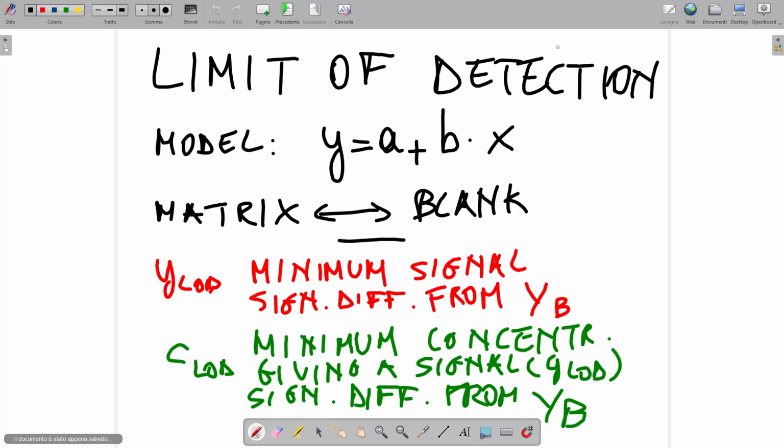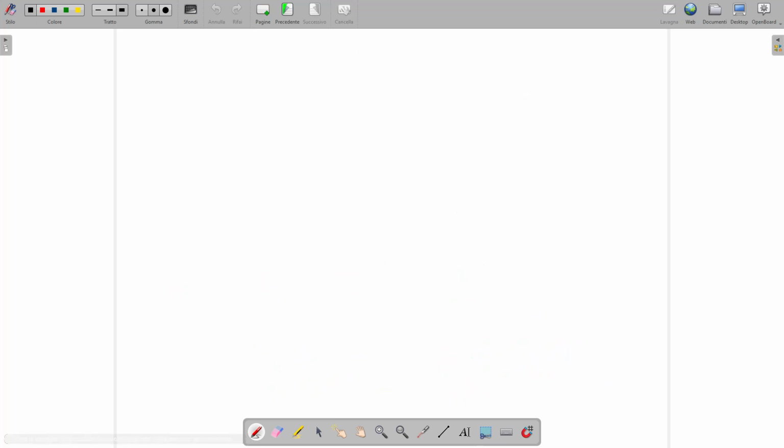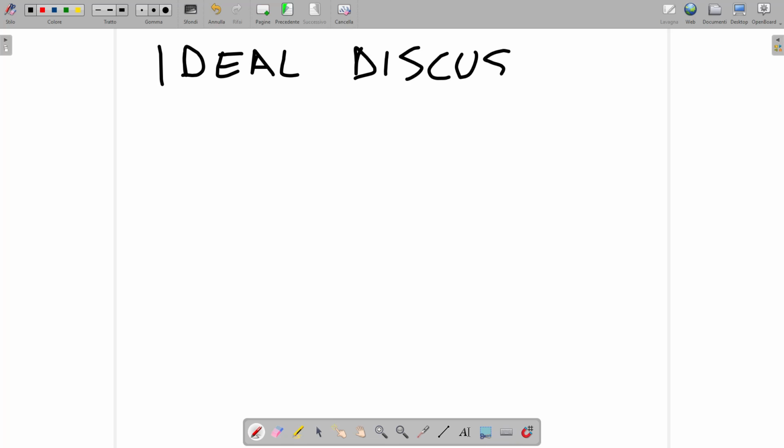A red wine where not even one atom of copper is present. It is ideal. I can never be sure, but I can discuss it. So, an ideal discussion: I have the blank.